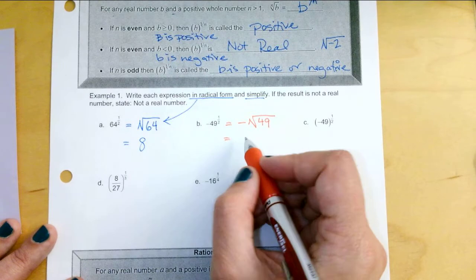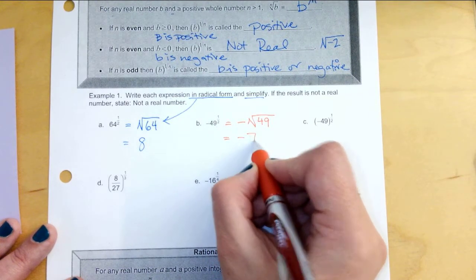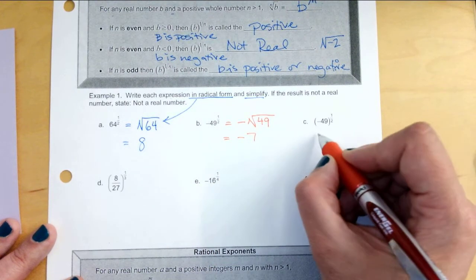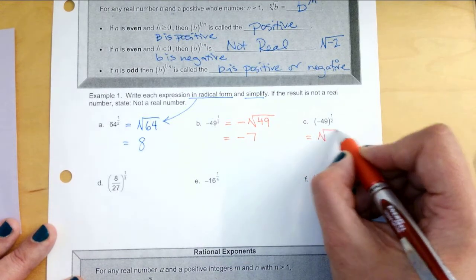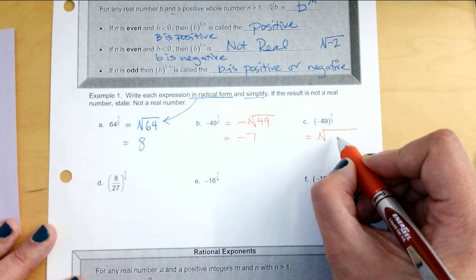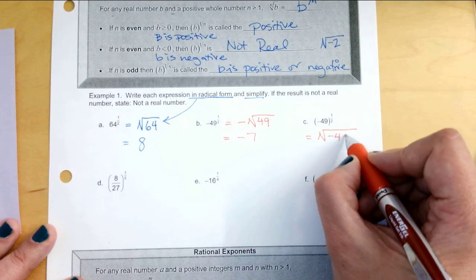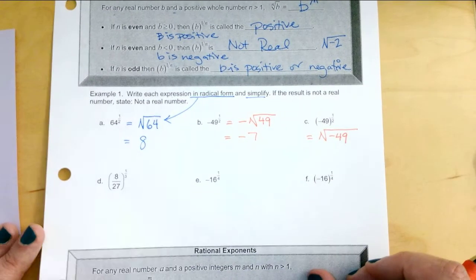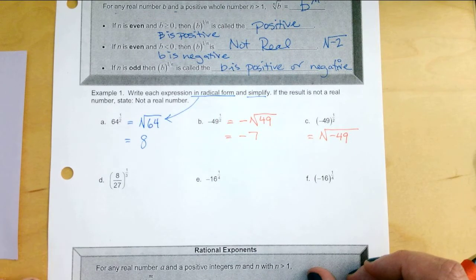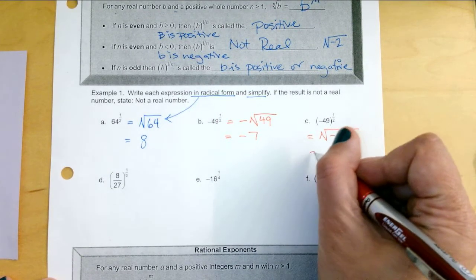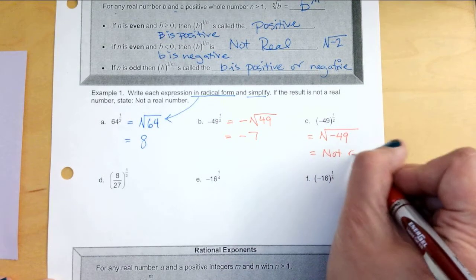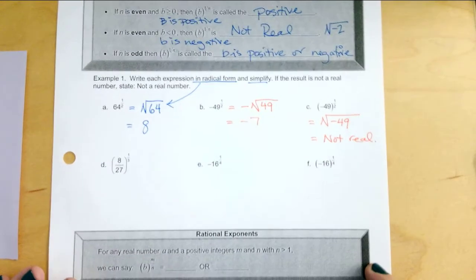So what would your answer be? -7. Excellent. Now here, this is going to be the square root of -49. And what happens when we take the square root of a negative? It's not real.